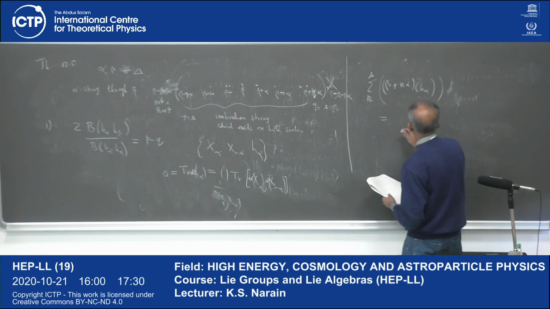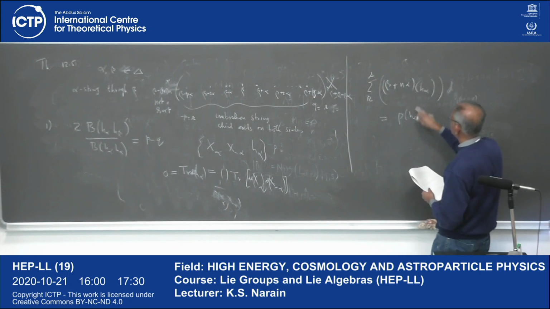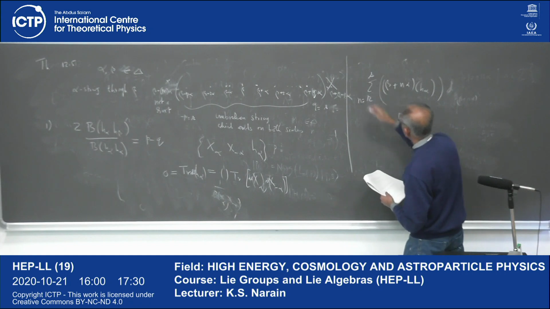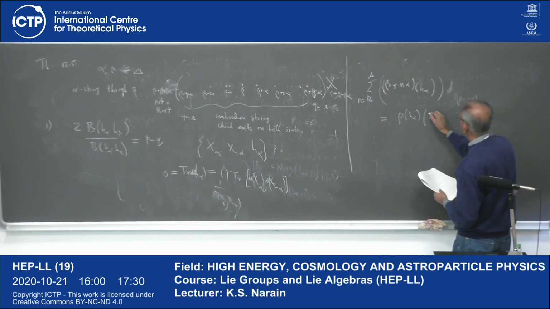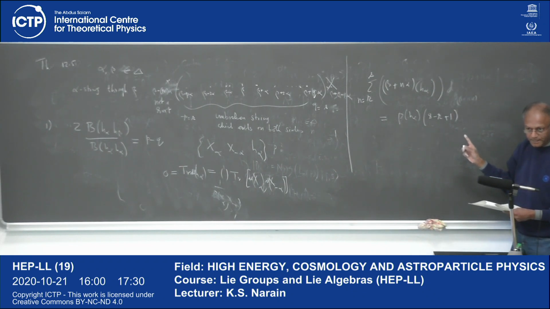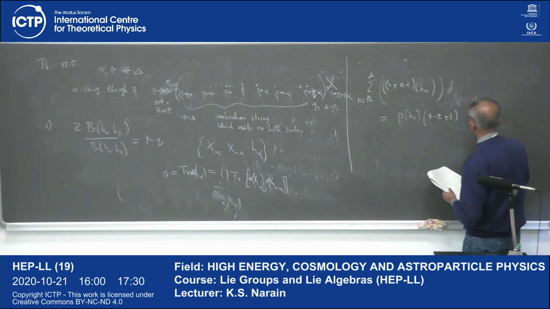So then we can sum it up. So we get here beta of H alpha times how many terms? This term is independent of n. So when I sum over n from R to S, this is going to be S minus R plus 1. That many terms will be there.